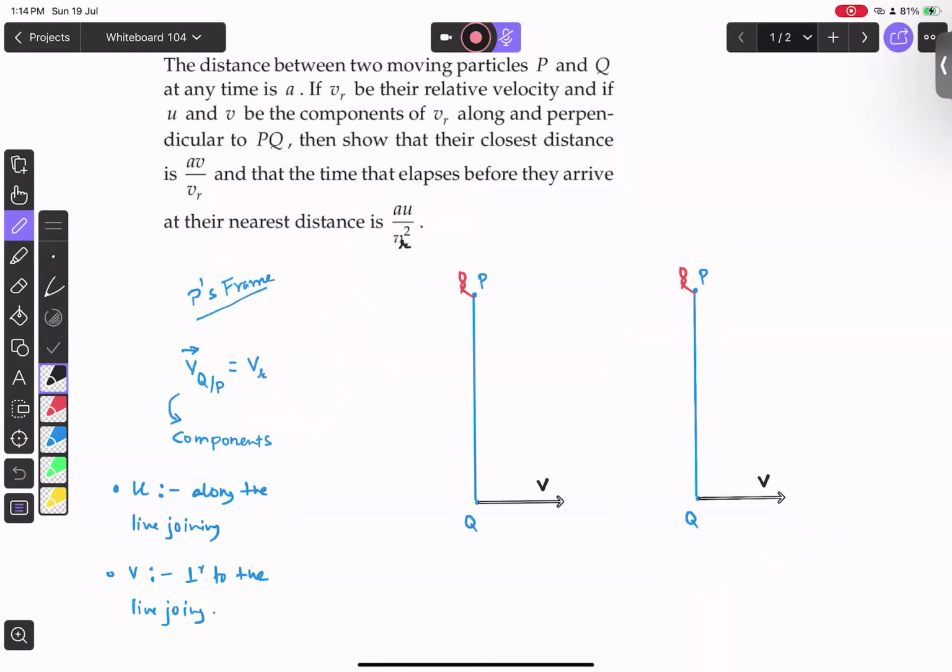Now coming to this one. If I tell you the component of the relative velocity of q with respect to p, the one along the line joining them, it can be this way or this way. Which is correct in the context of the question? The red one or the green one? Tell me.